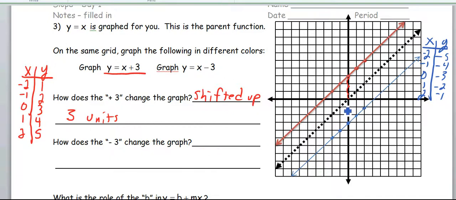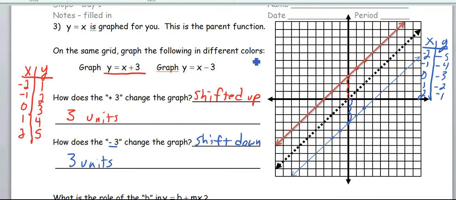In this case, I'm talking about in relation to this black dotted line. If you notice, it goes down 1, 2, 3. So the -3 made my graph shift down 3 units.